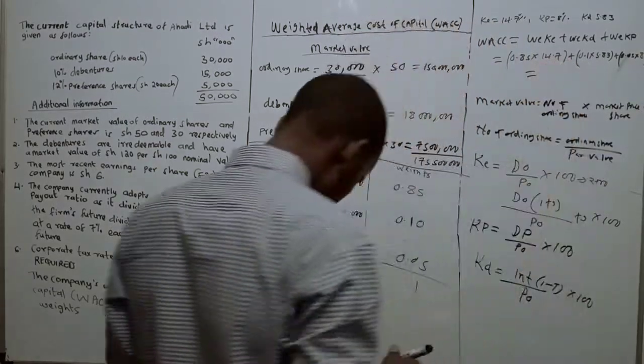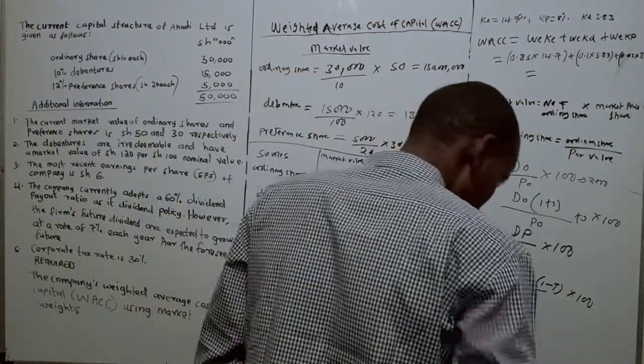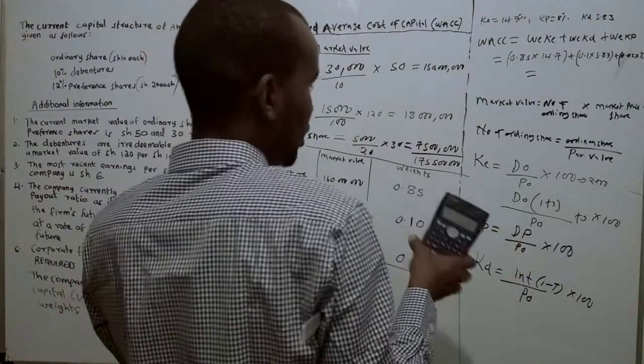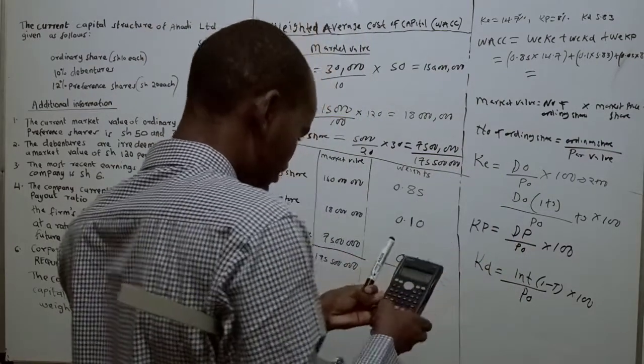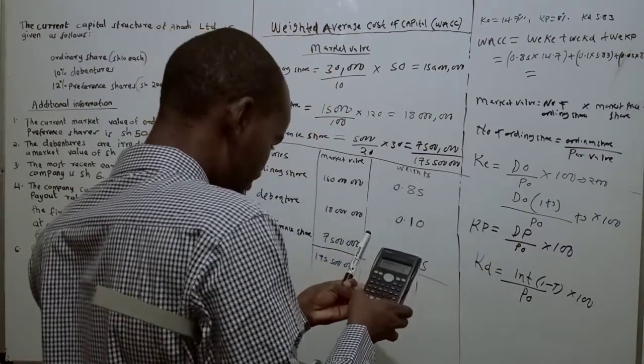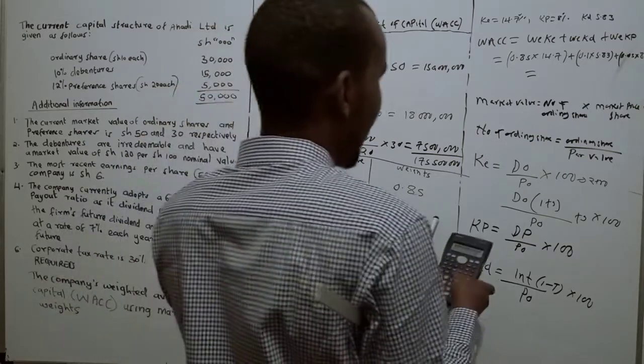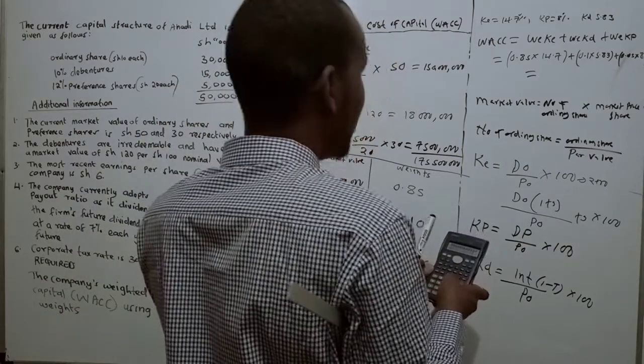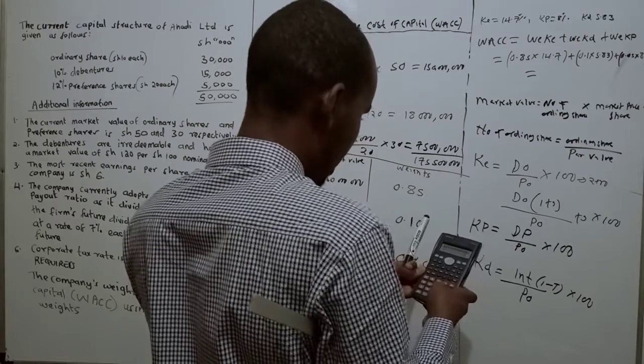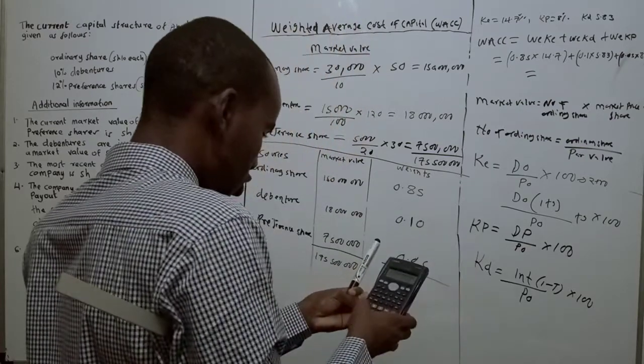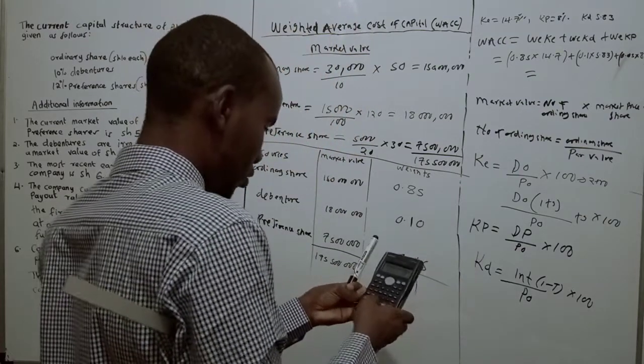Now I'm getting how much? If I take 0.85 multiply with 14.7, then I add to 0.1, I multiply with 5.83, then I add to 0.05, multiply with 8.